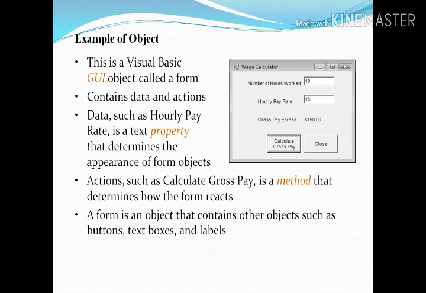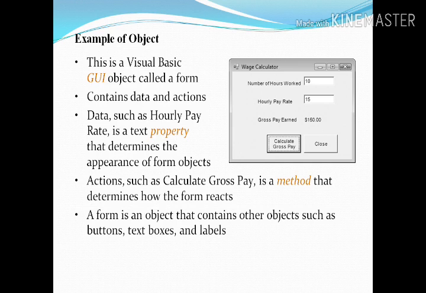See this. Here are some actions we are taking, such as calculate gross pay and close button, etc. I have to tell you this form where the hourly wages or hourly pay rate is written. These types of things should be written using labels. Where we have the input that the user can give, there we need two text boxes to design it.